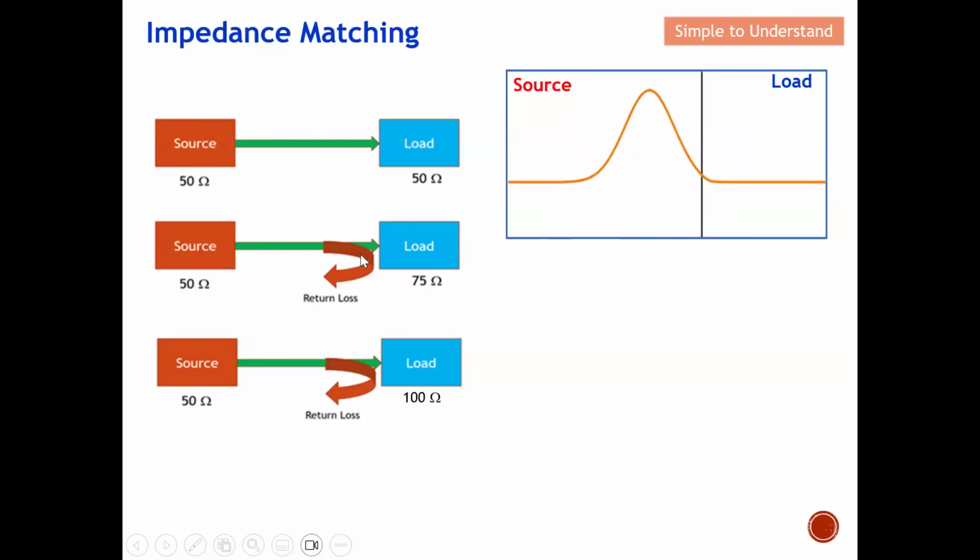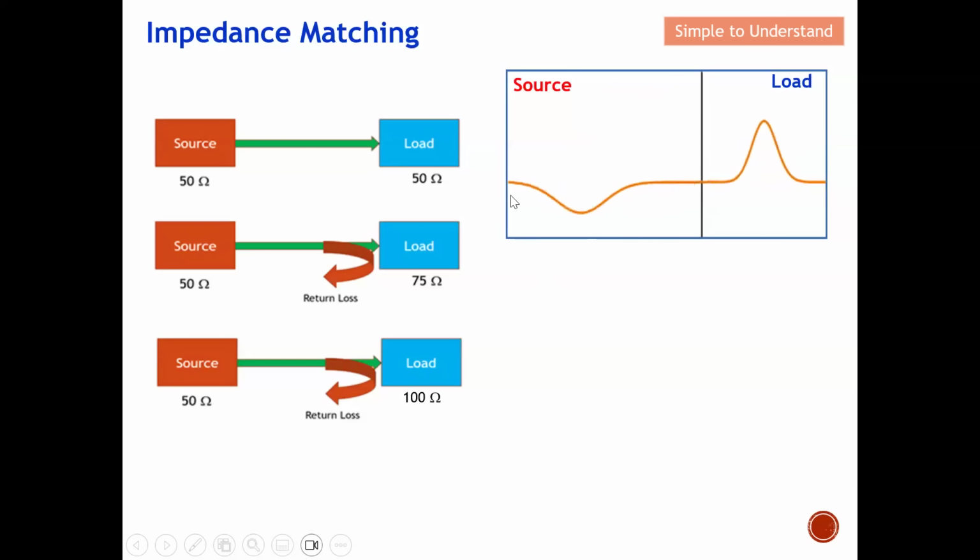So this is the condition of mismatch. When the mismatch is further highlighted by a key difference between the impedances, as you can see from here, this is an even higher mismatch: more power will be reflected back, and less power will be propagated towards the load.